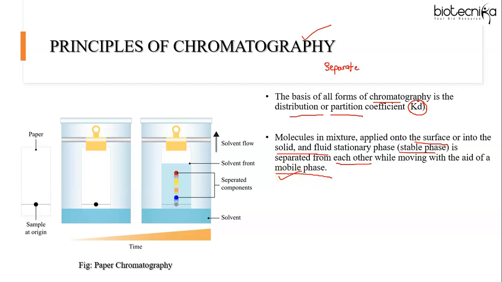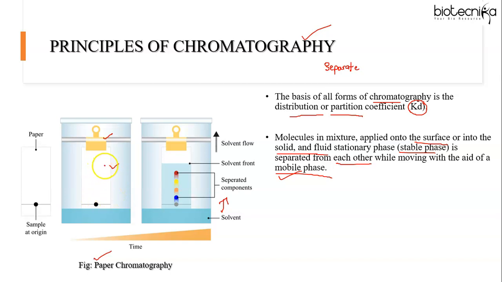As shown here, an example of paper chromatography is displayed. This is ascending paper chromatography, an analytical technique in which the mobile phase moves upward through the stationary phase. To perform it, we need a beaker saturated with the mobile phase, and you can see the arrangement with a paper clip.